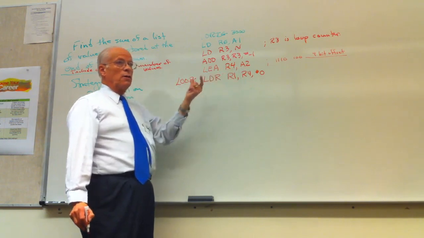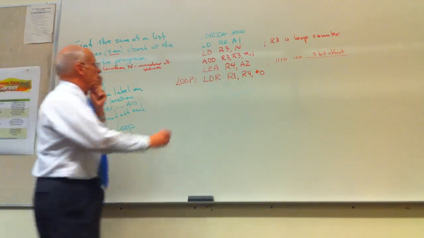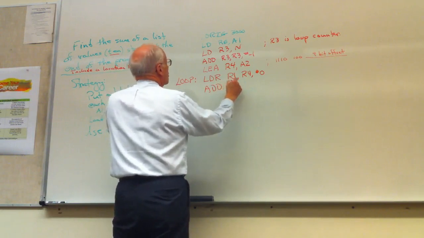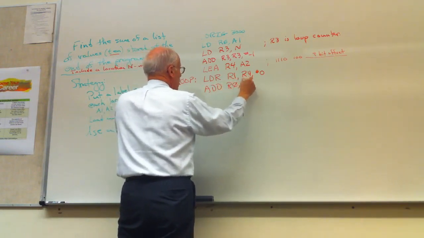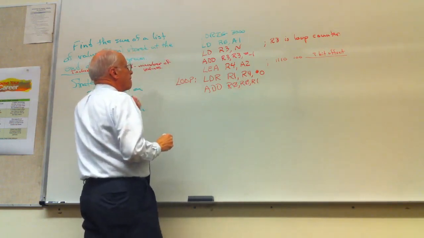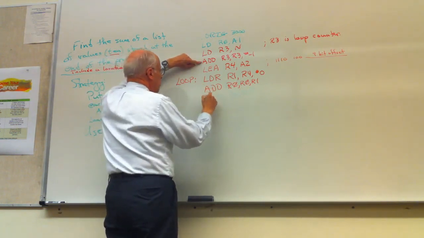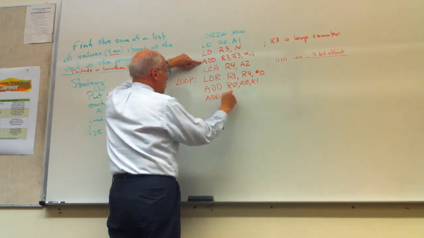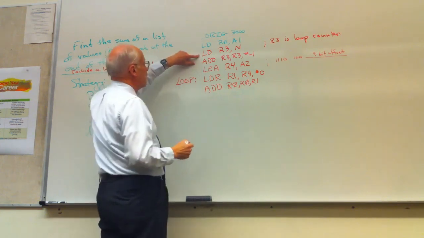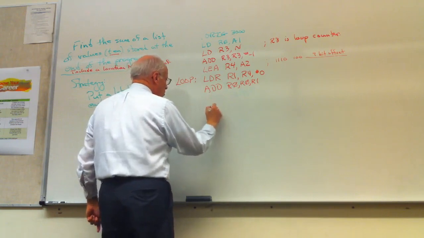Take what's in register 4 and then fetch from that location. Then I can add register 0, register 1. Now, I'll decrement my counter. Well, no, wait, I want to do that last, because that's where I'm going to base my branch. So leave a space here, I'm going to come back and put in an instruction in there.